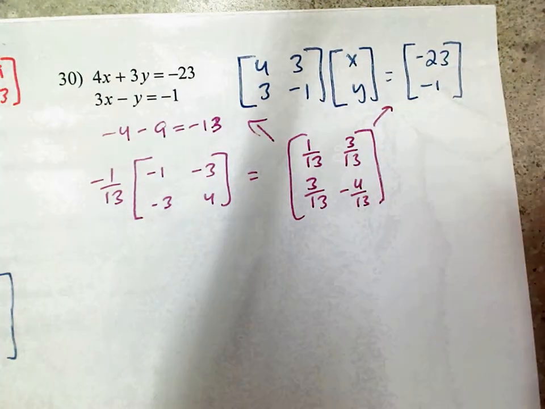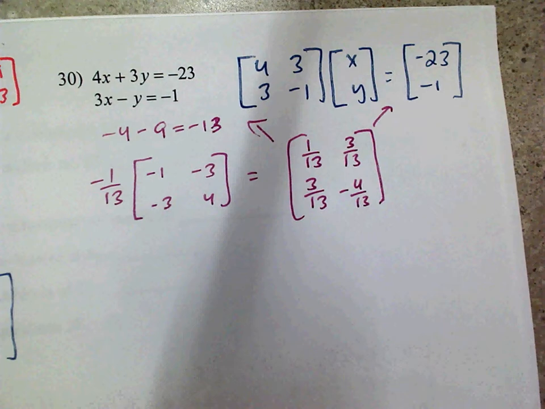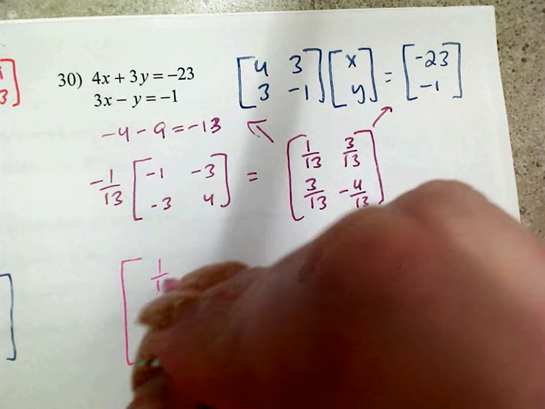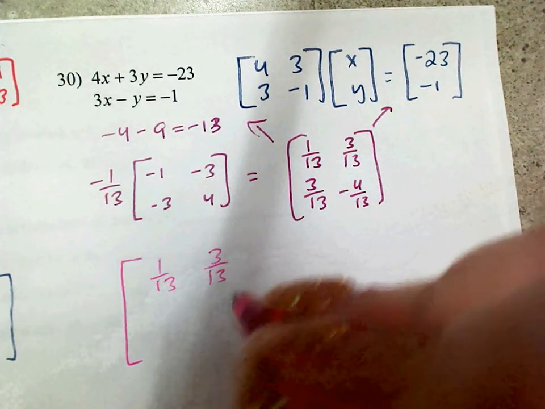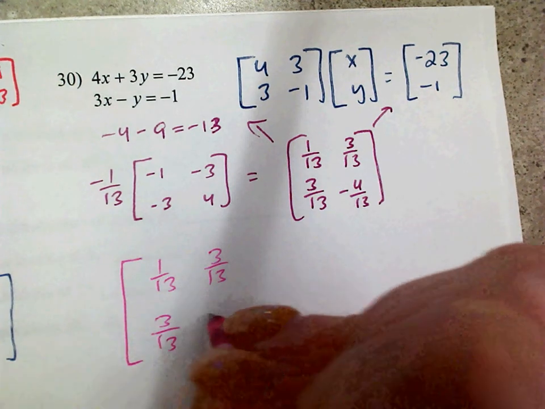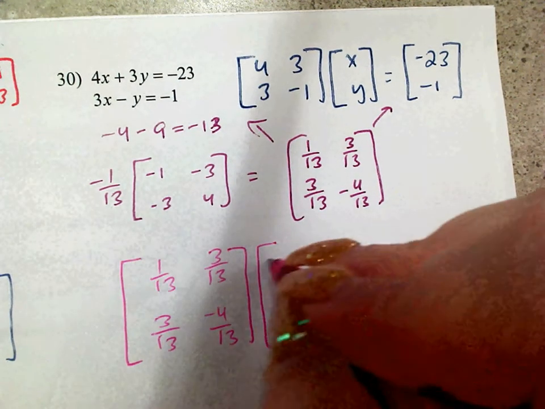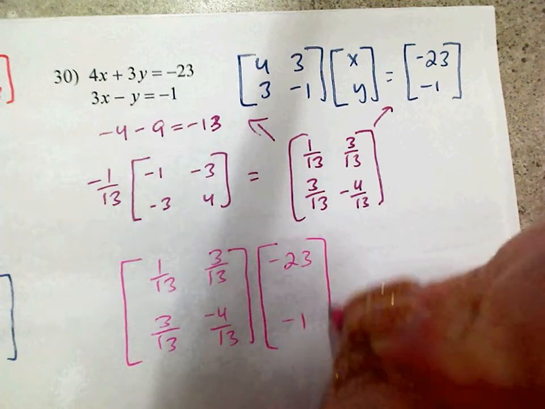And so here we go. 1/13, 3/13, 3/13, negative 4/13 times negative 23 and negative 1. Row by column.